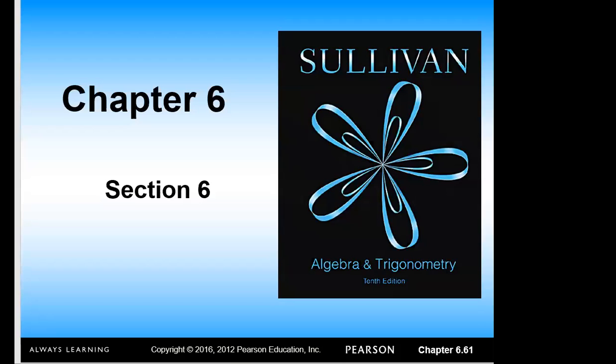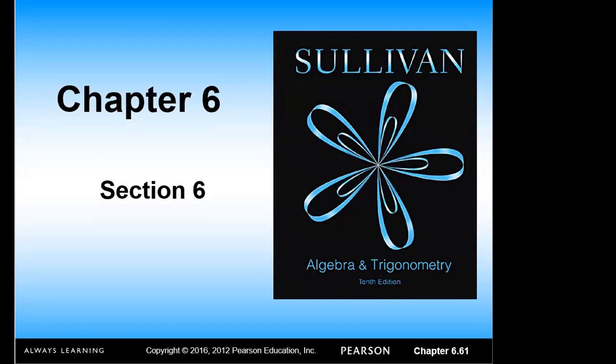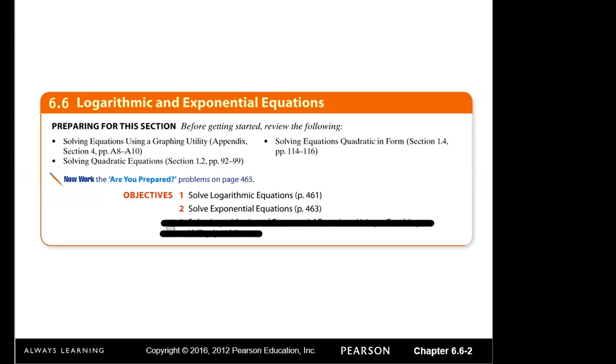Get this on the screen. All right, so here we are, section 6.6, and there's only 2 objectives. We're now going to solve logarithmic equations, and at the end, there'll be a few more exponential equations to solve.